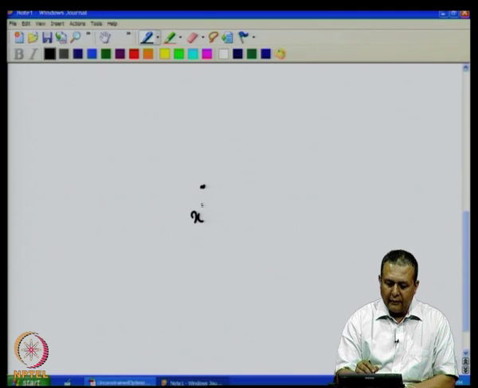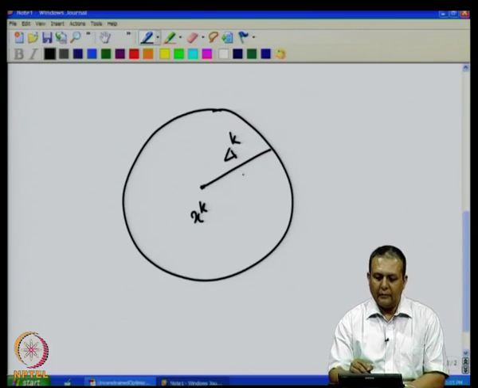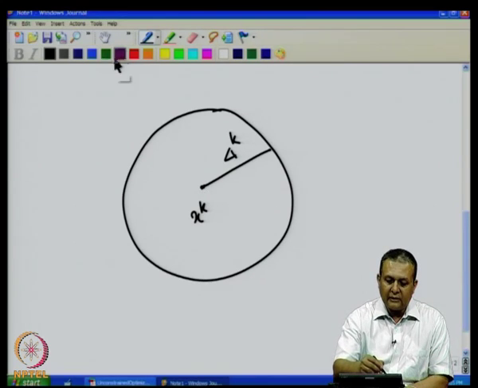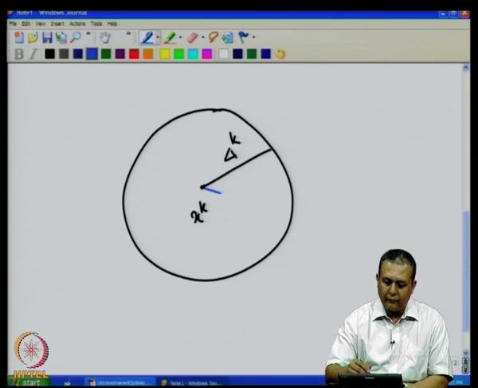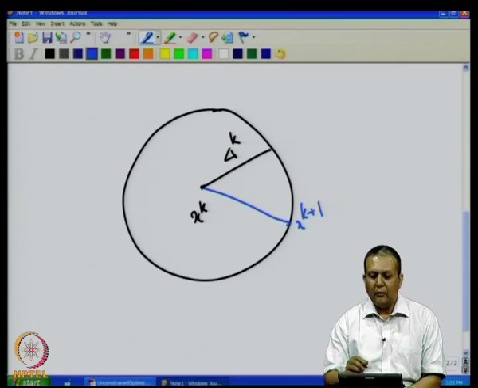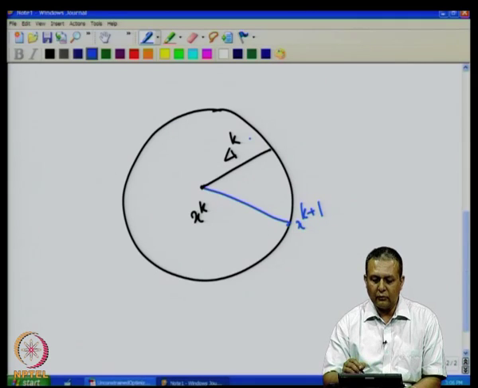if this is our x k and this is the region of trust that we have, and the corresponding radius is delta k. Now, suppose the algorithm takes a step to new point x k plus 1, and if at this point we realize that the function value has increased, that means that this region of trust was really not good.